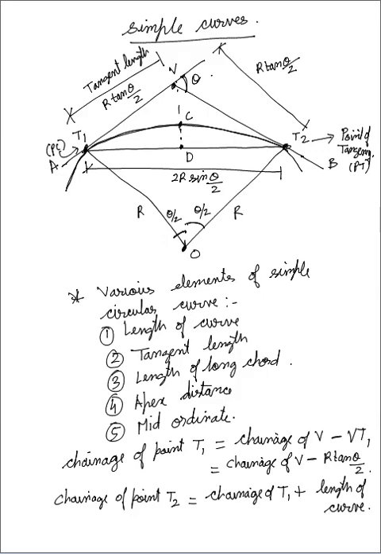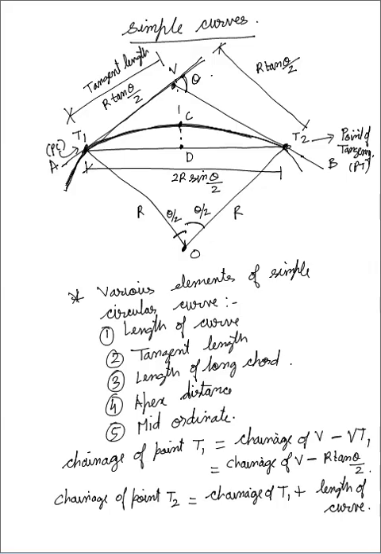Because we will be traveling along this route, the length of curve. We will not be traveling straight like this. We are traveling in this manner, in this circular path. So if you want to find out chainage of point T2, we just have to add chainage of point T1 and length of curve. Now one by one we will see the formulas of all the parameters, so that we can solve any of the questions related to simple curve.